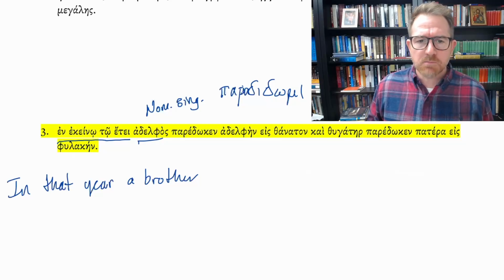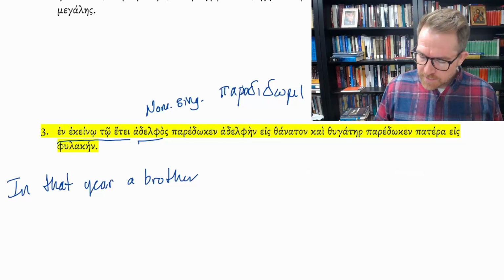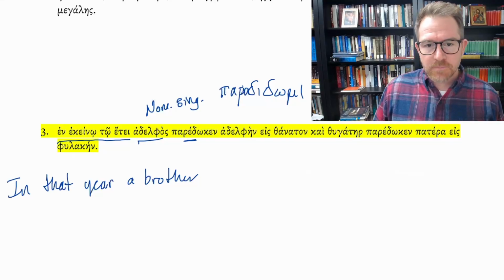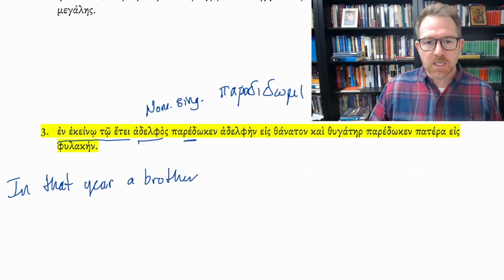In this case, paredōken, notice that you don't have the reduplication, para-did. So this is not going to be in the present tense, and it's not going to be in the imperfect, which keeps that reduplication. This is an example of a simple aorist, right? That it's undefined.